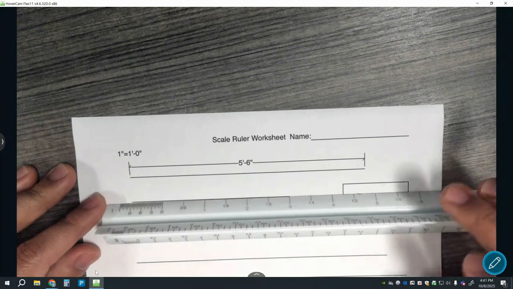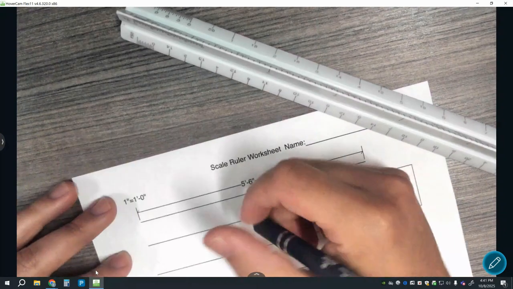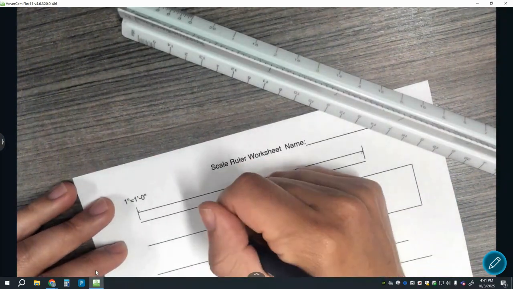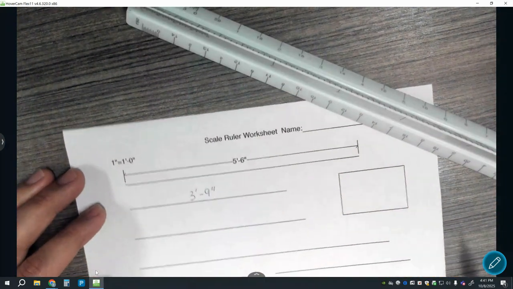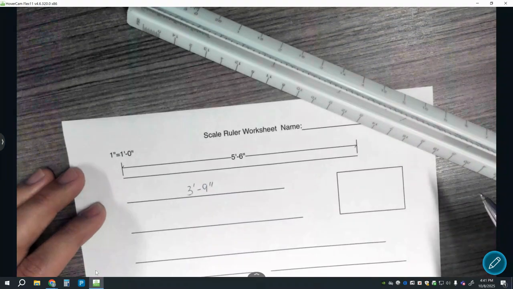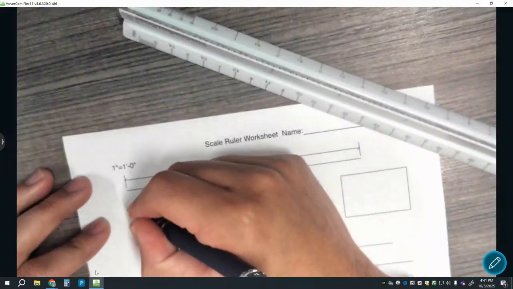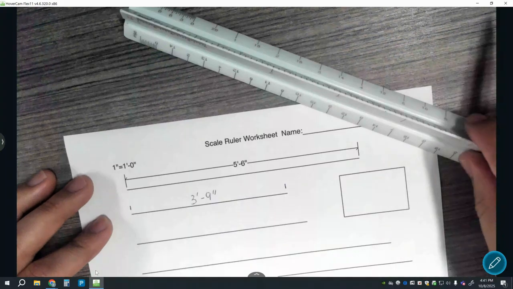So let's go ahead and write that down. The way we would write that down would be like this: 3 feet, with the symbol for feet, dash 9 inches. And then what we need to do is include some of these dimension lines. I'm not going to be too picky with these. Just draw a little vertical line to indicate the starting point and the ending point.